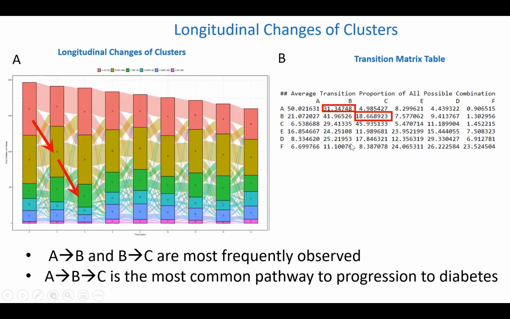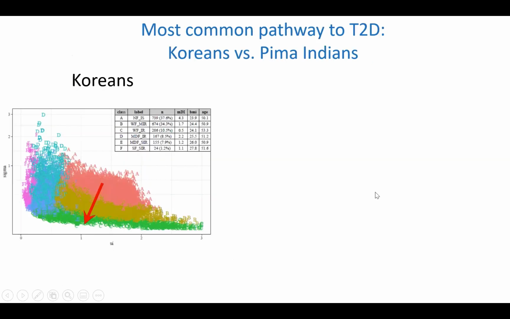Now we look at the longitudinal change of clusters. As you can see, the A to B and B to C transitions are most frequently observed. The transition matrix says it is highest for A to B and B to C. Therefore, A, B, C is the most common pathway to progression to diabetes in Korean populations.